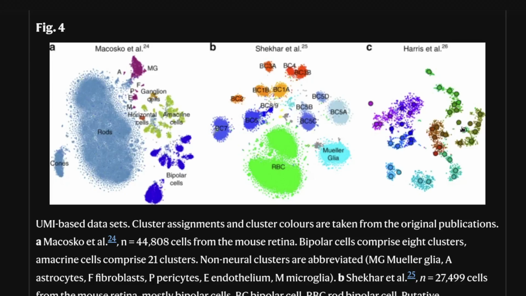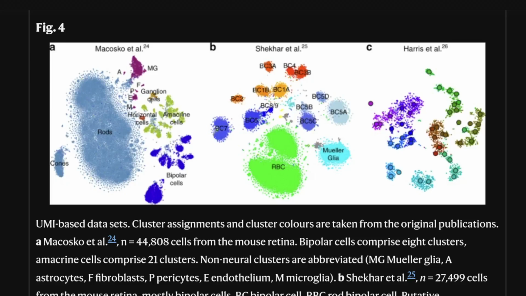Macosko, E. Z. et al. Highly Parallel Genome-Wide Expression Profiling of Individual Cells Using Nanoliter Droplets. Cell 161, 1202-1214, 2015. Shekhar, K. et al. Comprehensive Classification of Retinal Bipolar Neurons by Single-Cell Transcriptomics. Cell 166, 1308-1323, 2016.